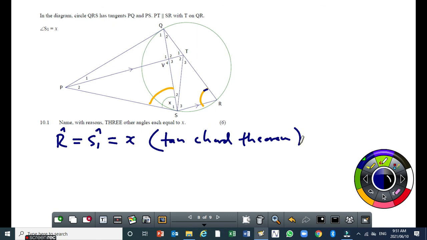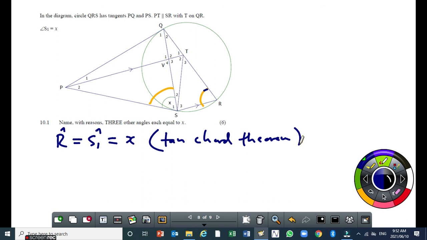If a tangent is there, you need to use one of the three tangent theorems, and the most common one is the tangent chord theorem. Tangents from a common point is not very common. Like in this case, PQ and PS are tangents from a common point, but that scenario is not a common one. Where you have one tangent, you use the tangent chord theorem.